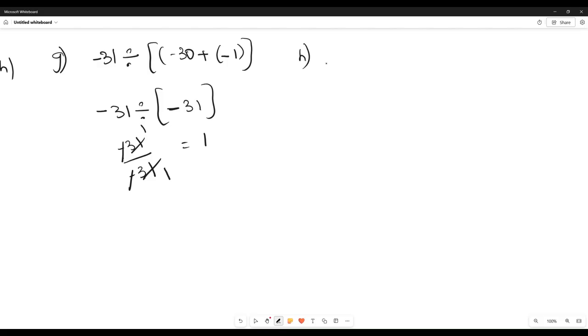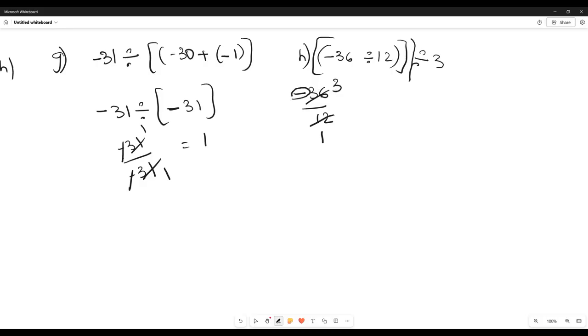H. Minus 36 divided by 12 divided by 3. It's given two divisions, so let's make two parts. First, minus 36 divided by 12. 12 ones are 12, 12 threes are 36.